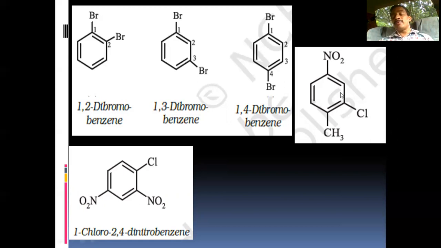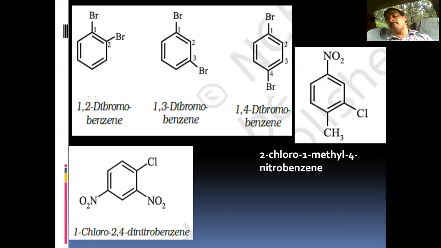Here chlorine is in the middle, so you cannot start numbering from chlorine, but either from CH3 or from nitro. If you start numbering from methyl, chlorine will get 2. If you start numbering from NO2, chlorine will get number 3. So it is preferred to start numbering from methyl. Then 2-chloro-1-methyl-4-nitrobenzene. Otherwise, 2-chloro-4-nitrotoluene.